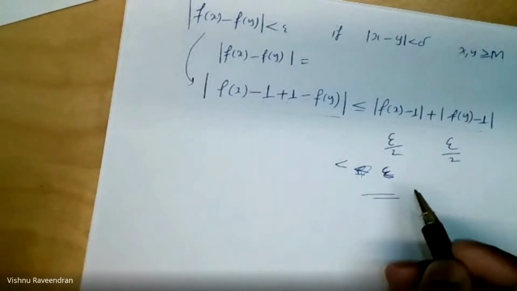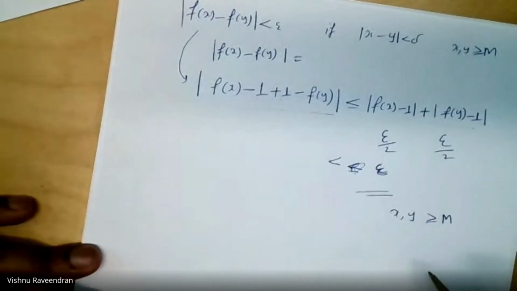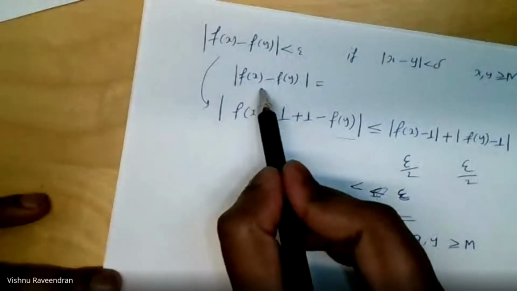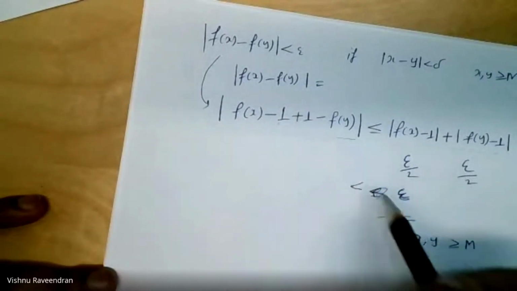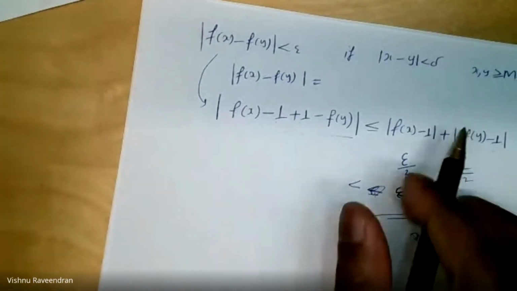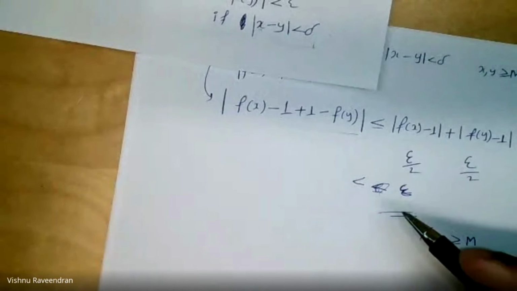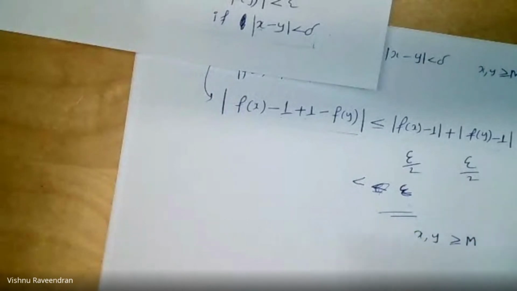So what I'm saying is that if you have x and y greater than or equal to m, then we have f of x minus f of y less than epsilon. So is this okay up to now?